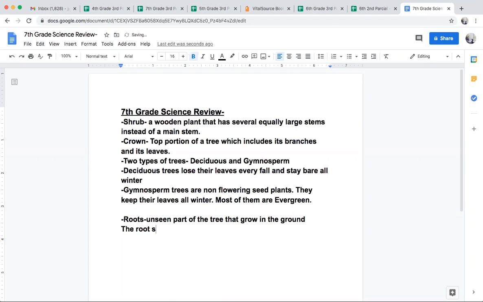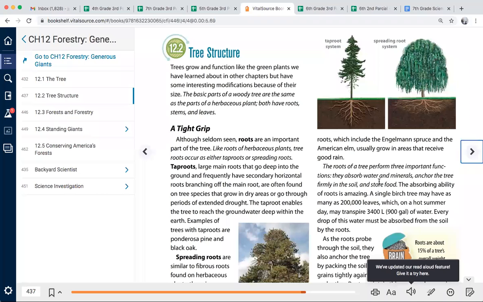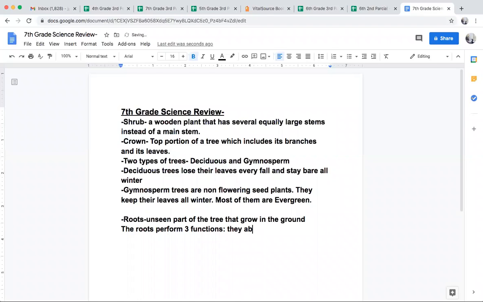The roots perform 3 functions, okay? The first one is they absorb water and minerals.